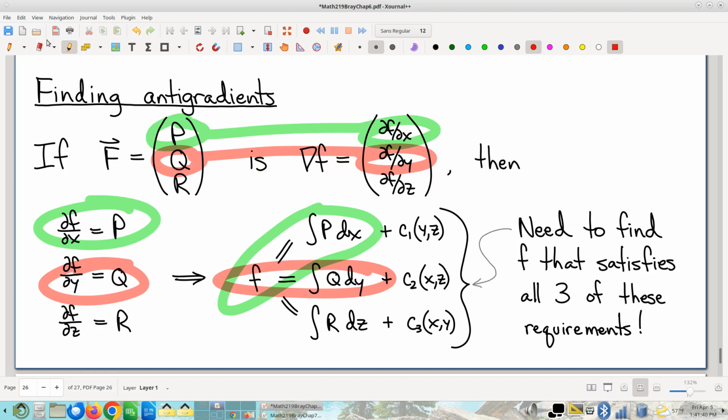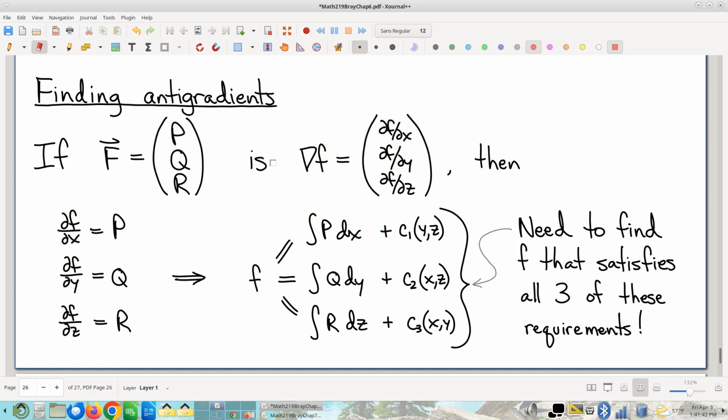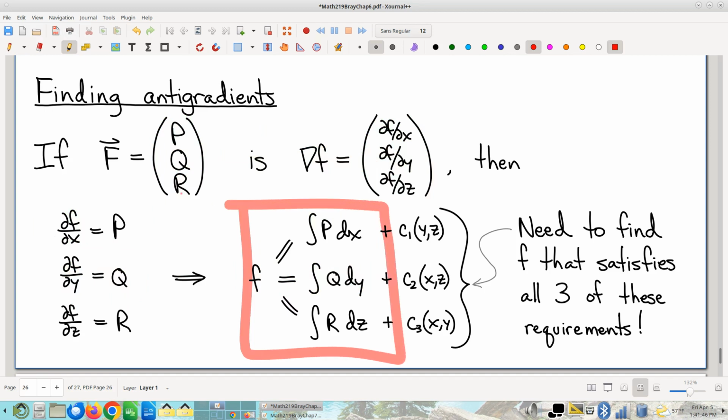for the other coordinates. Okay, so it's tempting to say that this is what we need to do: take these three antipartials and make them all equal, and whatever they're equal to is your anti-gradient. This is not quite good enough.